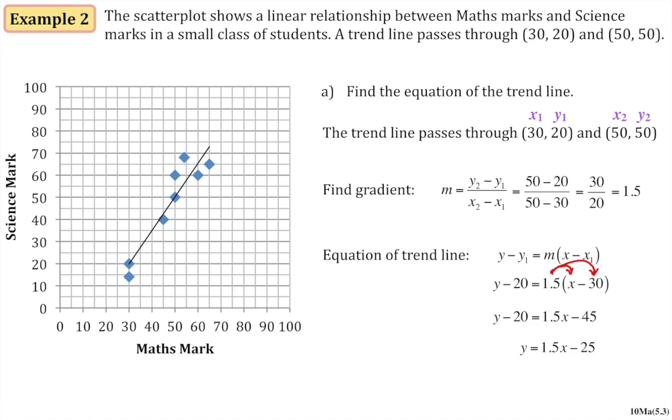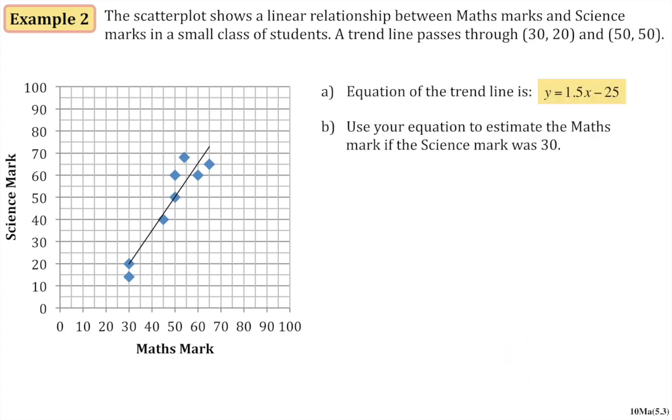I'm now going to plus 20 to both sides, and I end up with y equals 1.5x minus 25. That is the equation of my trend line. There it is. So we've got the equation of the trend line, we found that.